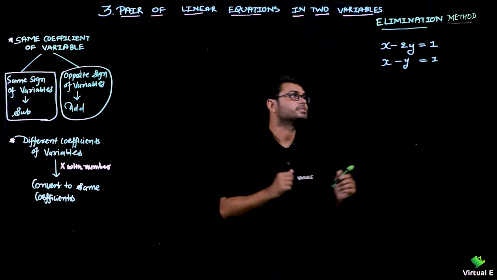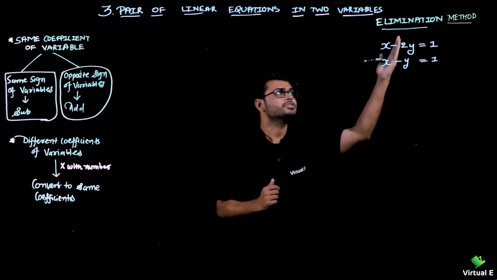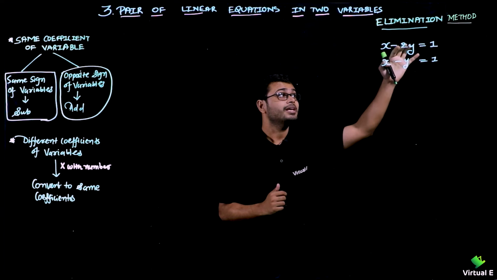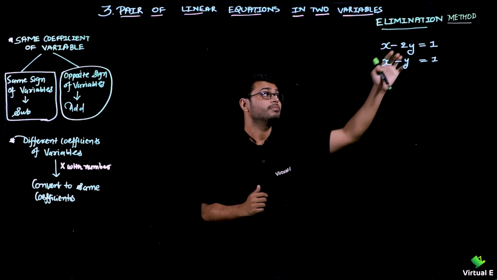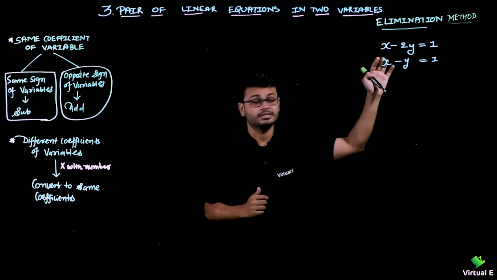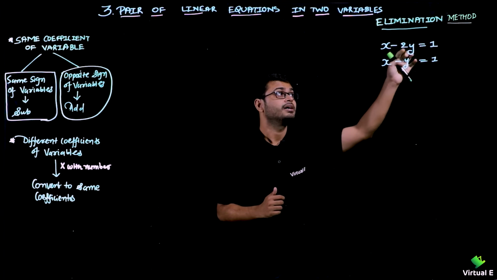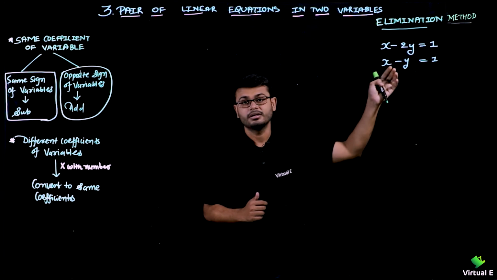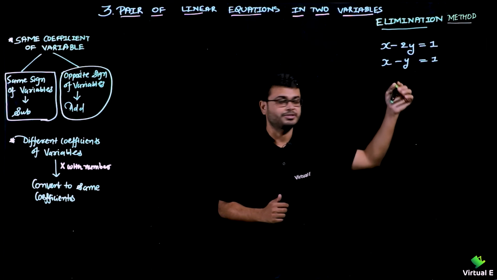What are coefficients? Any number which is written before the variable, remember, and that variable should be in multiplication. Multiplication is invisible in this case. If you take 2 and y, we always pronounce it as minus 2y, 2 and y together. 2 and y is in multiplication.